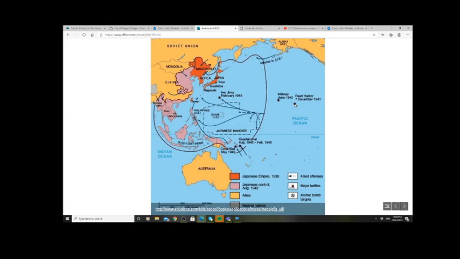And once the Americans were in the war, the Japanese were going to face constant American attack, as you can see with some of the examples of the war in the Pacific on this map. So that is really the American decision to get involved in the war. It was based on an attack on themselves.